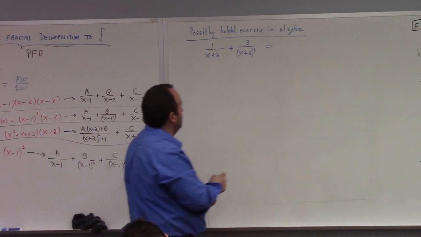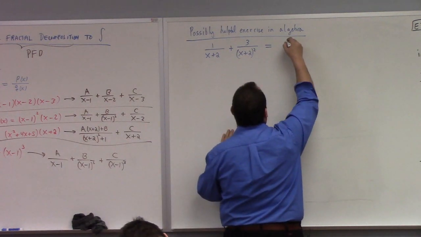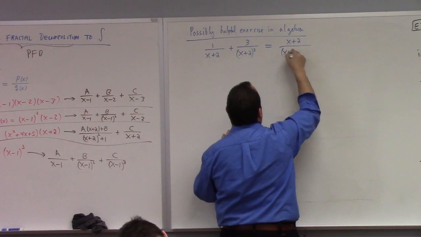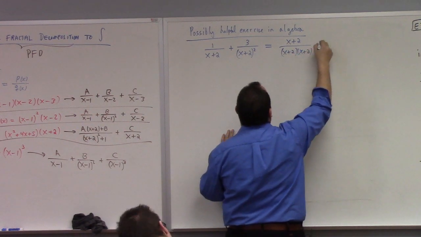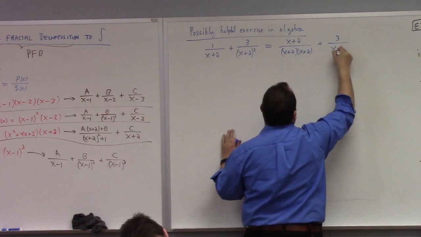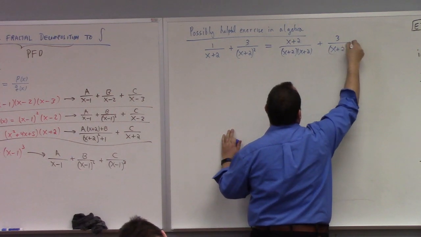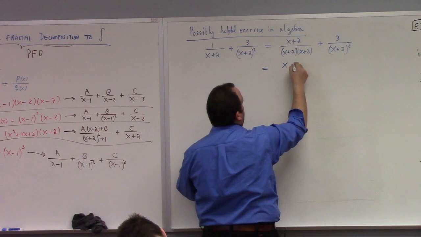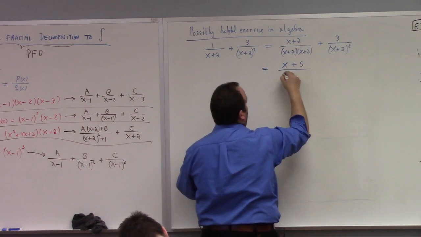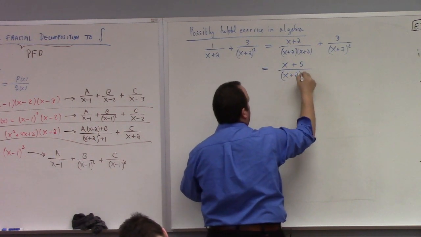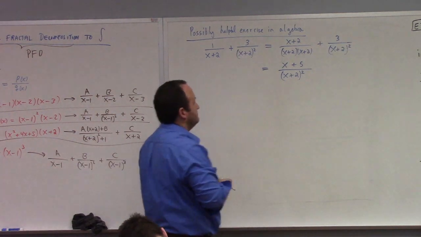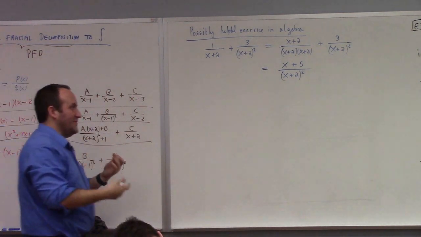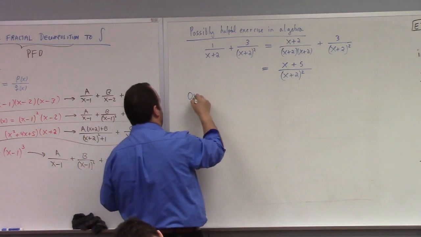So you just say, okay, so that's x plus 2 over x plus 2 times x plus 2. Just multiply the first fraction by x plus 2 over x plus 2. And then that gives us x plus 5 over x plus 2 squared. So this is the thing we're seeing. The observation is this.